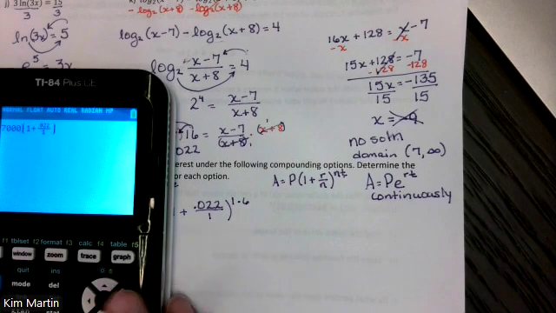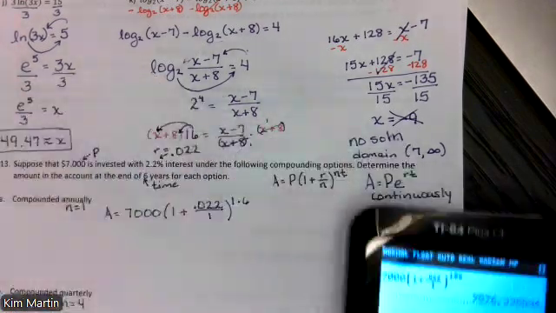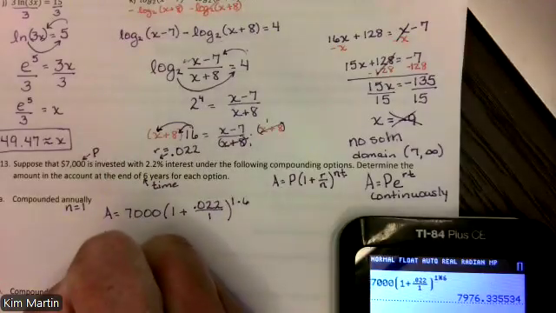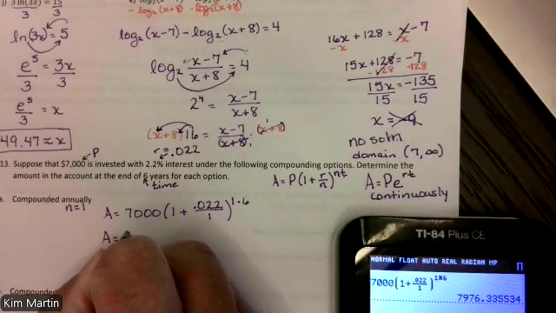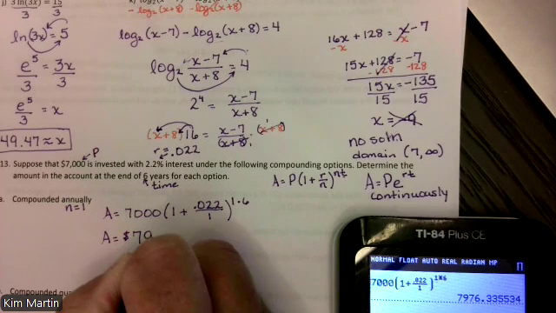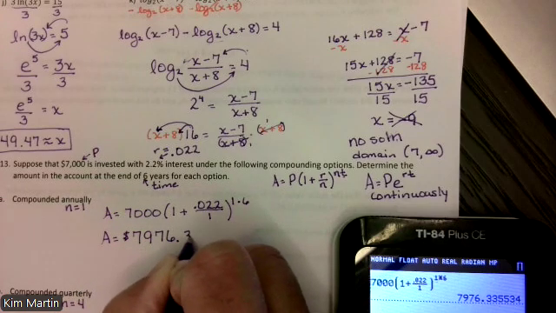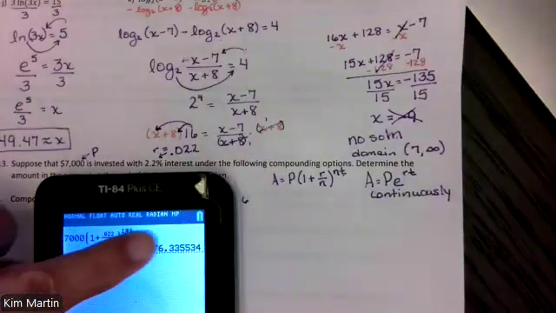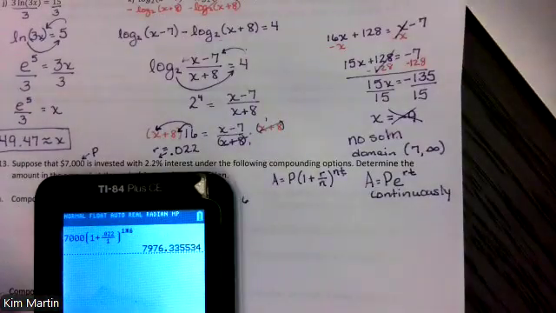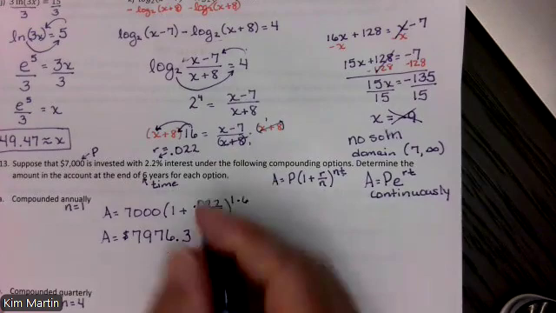In my parentheses, my power to 1 times 6, or you can just put 6. And at the end of 6 years, if we did not do anything with our money, just let it ride, we would have $7,976. And we're going to round it to 2 decimal places because money is always 2 decimal places. So that's 34 cents.